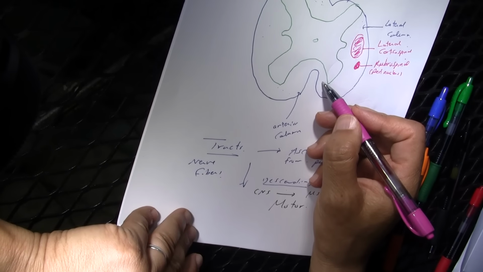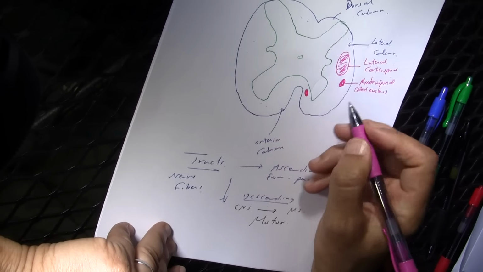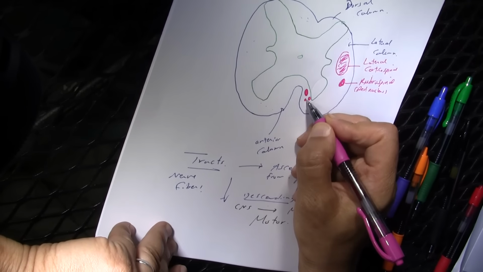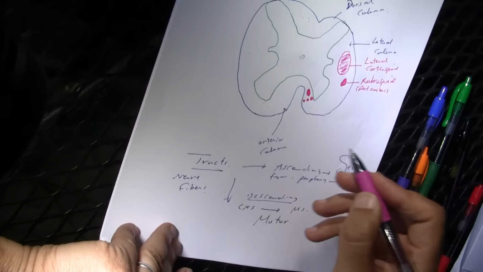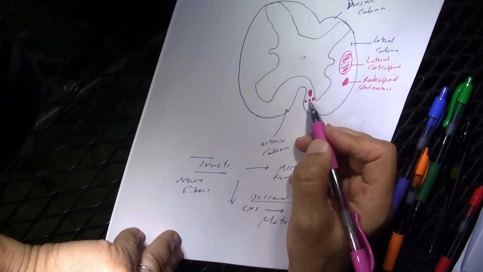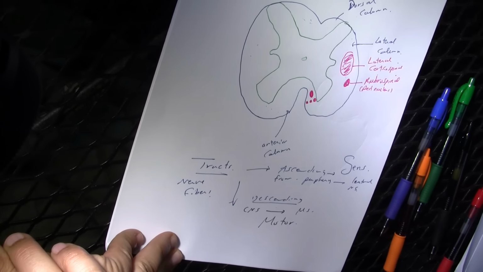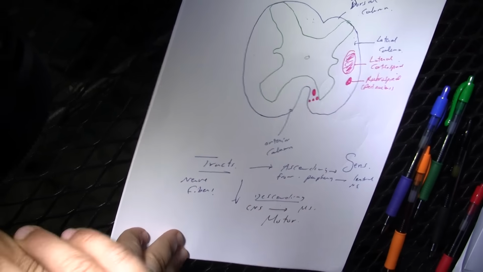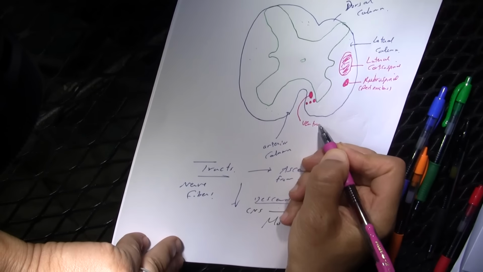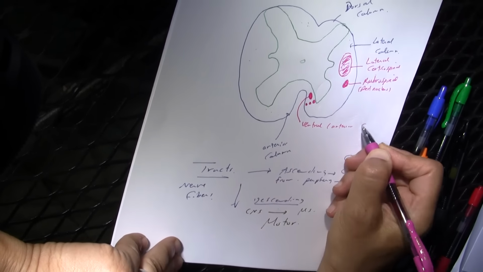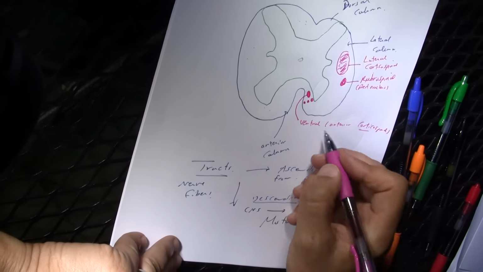At the anterior column, you have ventral corticospinal and smaller tracts from tectum or vestibular nuclei or reticular formation. Those are tecto-, vestibulo-, or reticulospinal tracts. So this is what we call ventral or anterior corticospinal. The cortico refers to cerebral cortex, spinal to spinal cord.